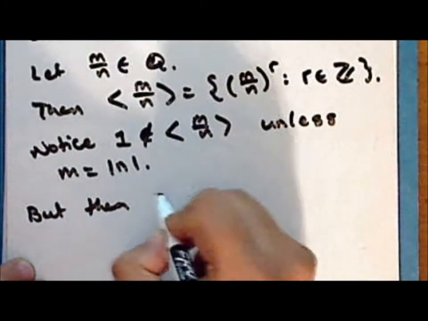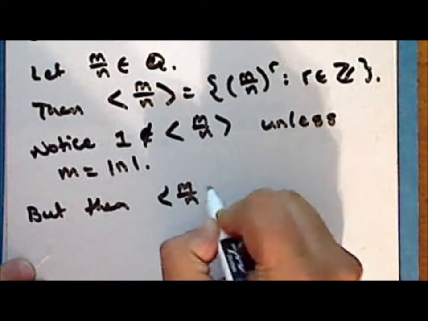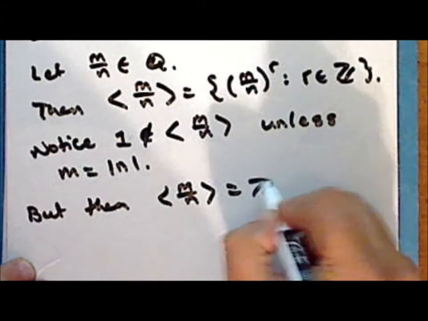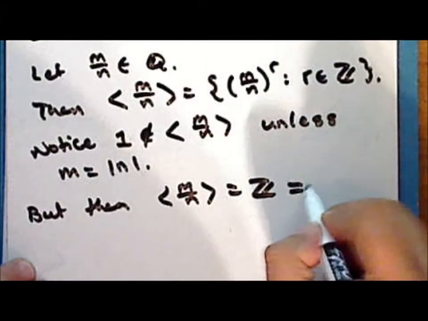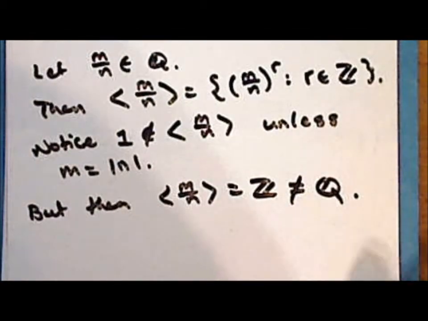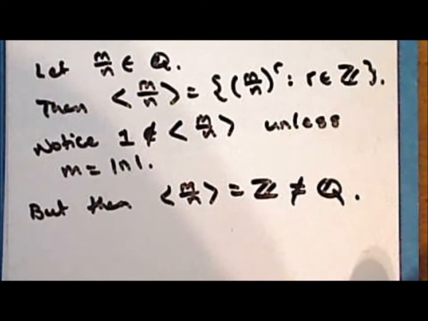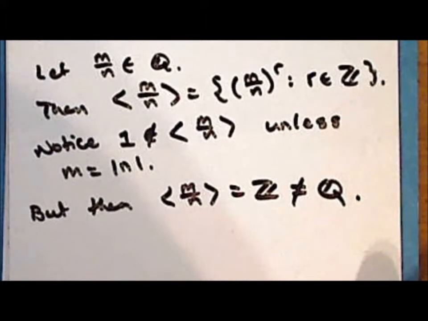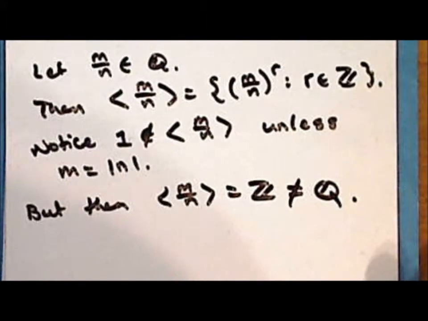But then the group generated by m over n is simply the additive group of integers, which is not the set of rationals. And so the rational numbers do not have a single generator, and so it is not cyclic.